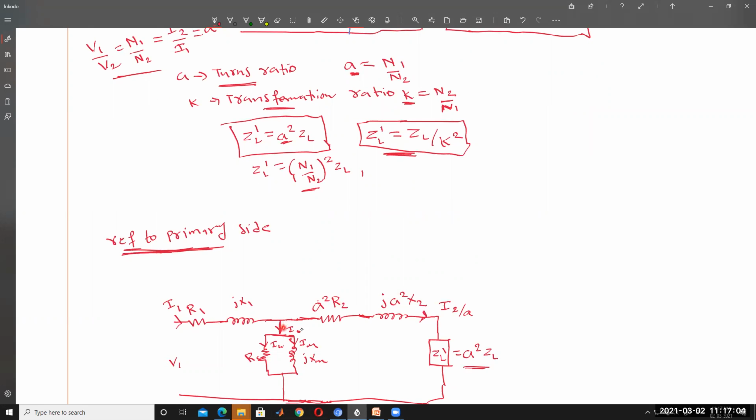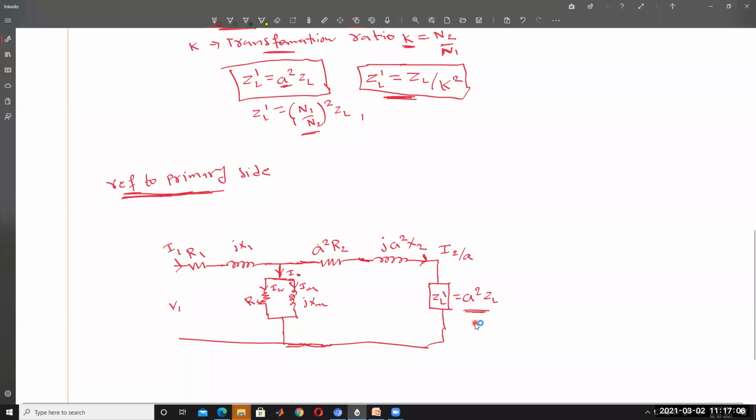So it is represented in this way. The EMF induced in the primary winding is the same, called E1, and this is called E2 dash. This is I1 dash, I1 dash is equal to I2 by A. So this is E2 dash, it will become E2 by A.